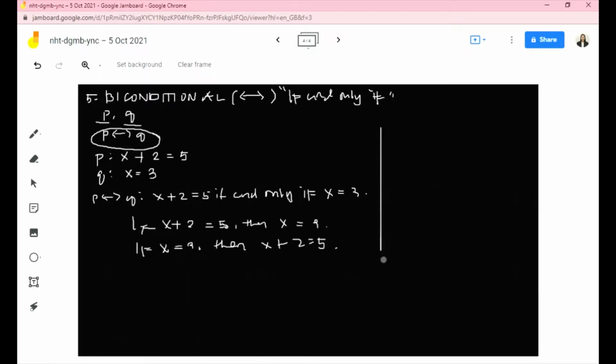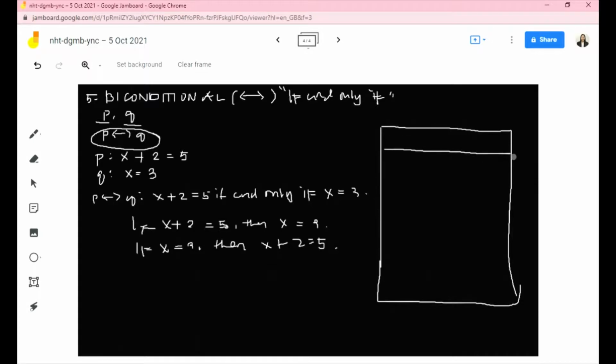Now let's make a truth table. Forgive me for my drawing of the table.